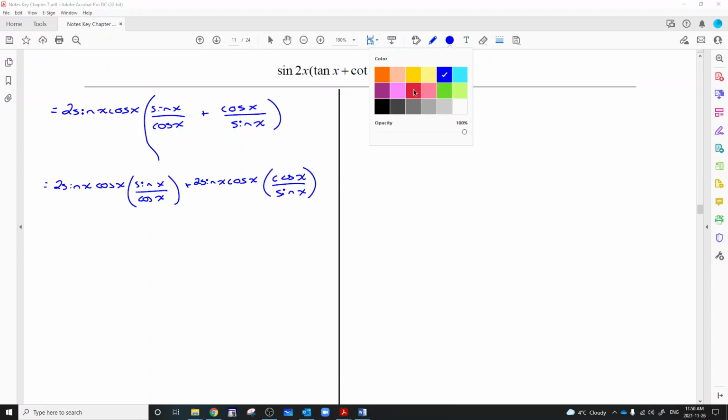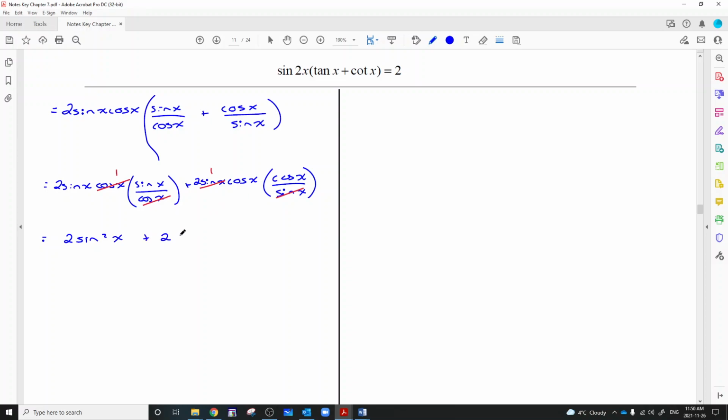I recognize that I've got a cos x in the numerator and in the denominator, so that will divide to give you 1. And I've got sine x divided by sine x, which will simplify to give you 1. Now I'm going to multiply through. I've got 2 sine x times sine x, which will be 2 sine squared x. And then I've got 2 cos x times cos x, which will be 2 cos squared x.